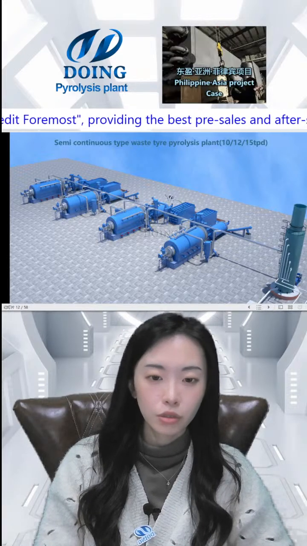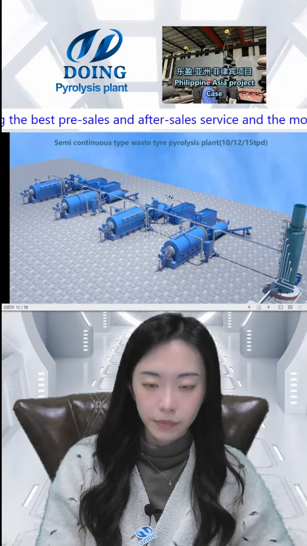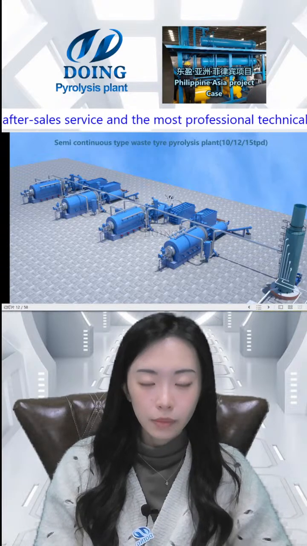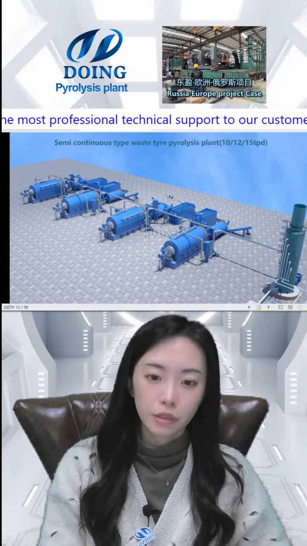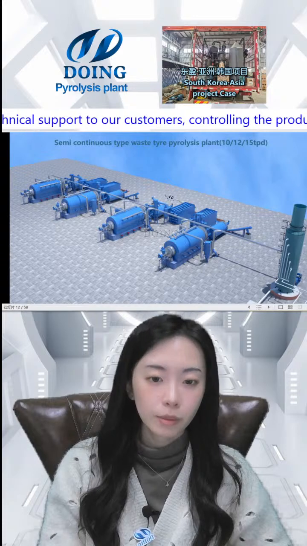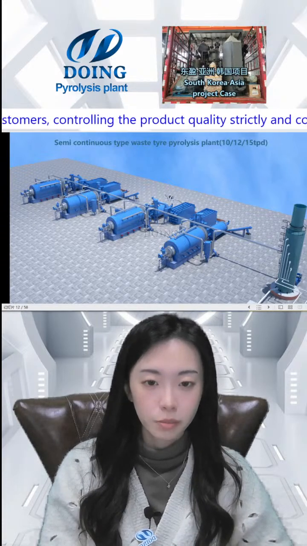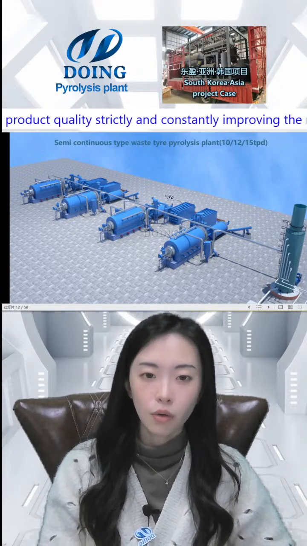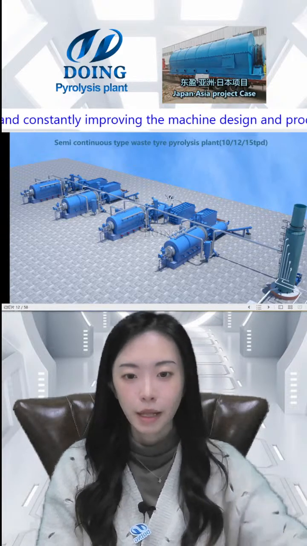We need to remove the steel wire inside. And if you have plastic, then we need to dry it, and the moisture needs to be lower than 15%, and then crush it into smaller particles. And this is some standard of the raw materials, a difference from the batch type pyrolysis plant.